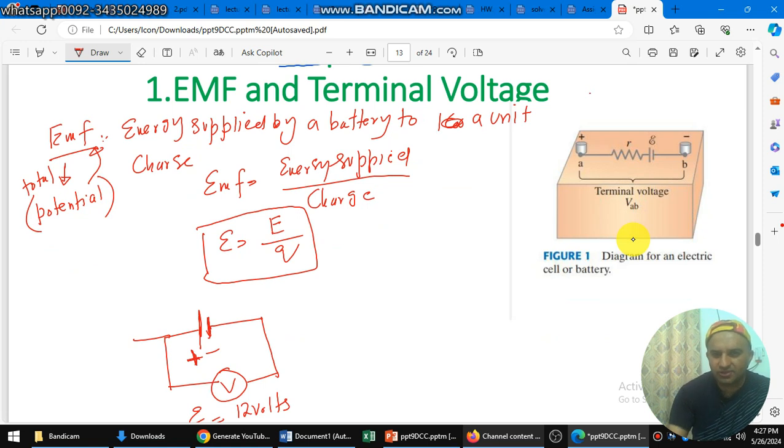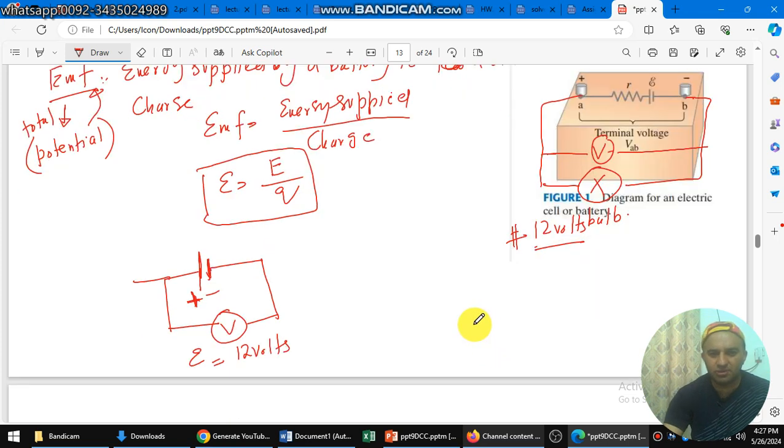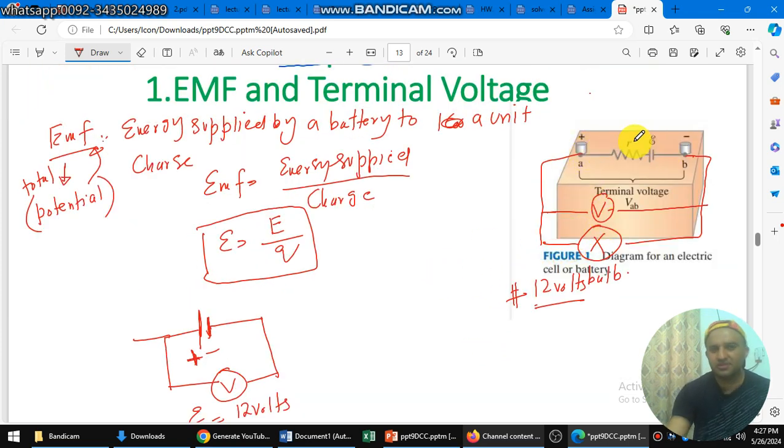If we connect a light bulb with this battery, and now we measure the potential difference across this bulb by using the voltmeter, this will not be exactly equal to 12 volt. It should be 12 volt, but it's not exactly 12 volt. But why? Because the battery also has some internal resistance.